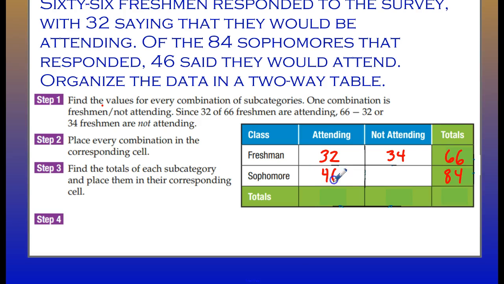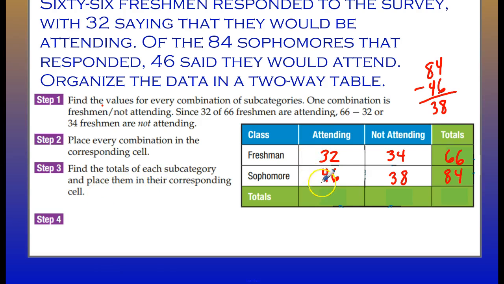So I have 46 sophomores attending. Then if I take 84 minus 46, I get that a total of 38 are not attending.